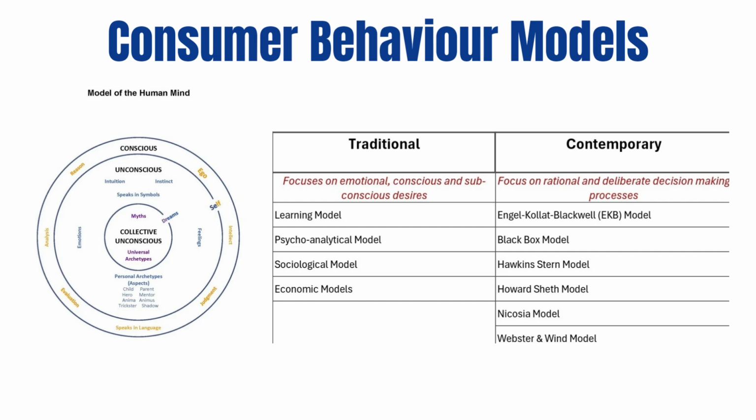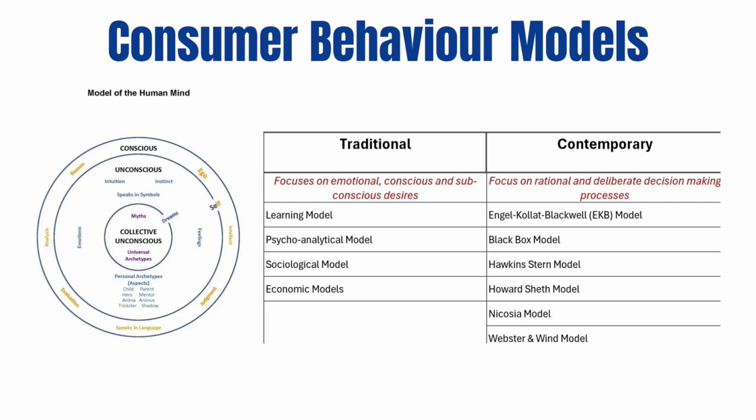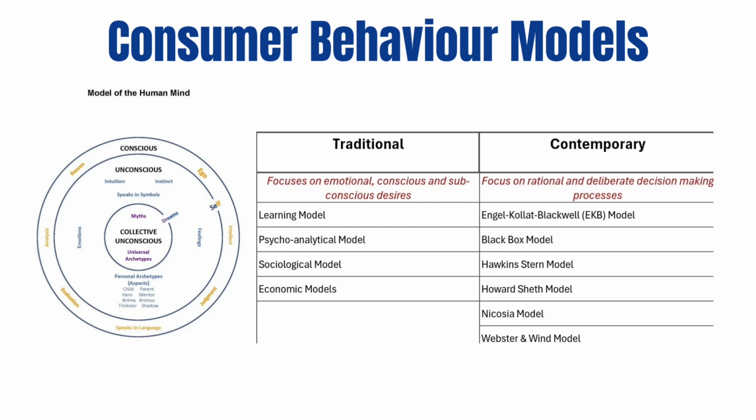The human mind is an extremely complex model, like a jigsaw puzzle. Understanding this is not easy at all, but a brand manager or a marketeer needs to have a basic understanding of the human mind.